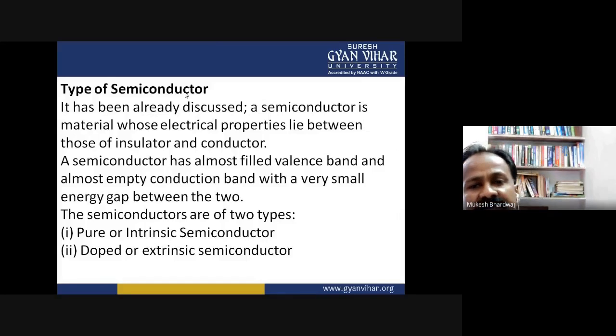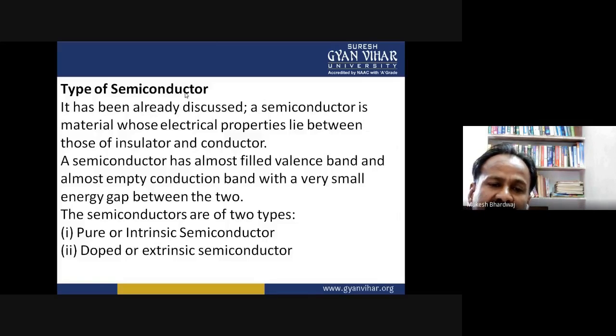It has already been discussed that a semiconductor is a material whose electrical properties lie between those of insulators and conductors. A semiconductor has an almost filled valence band and an almost empty conduction band, with a very small energy gap between the two.